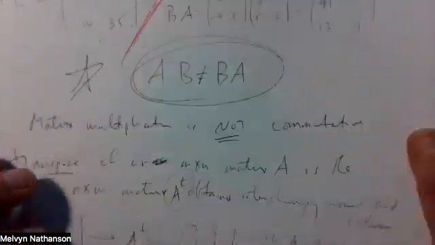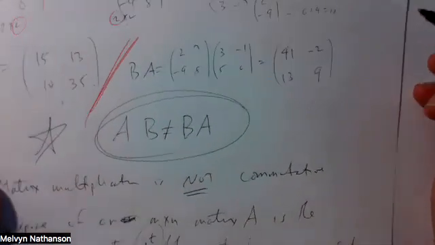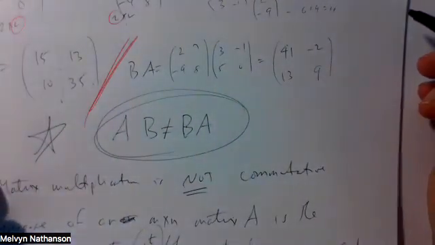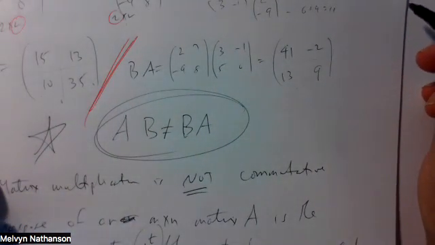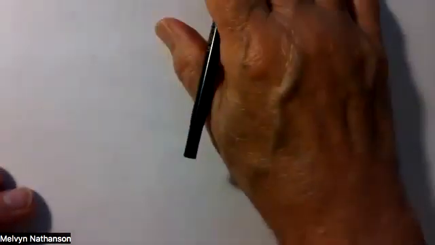I should make one other remark, because in general, you can't necessarily multiply matrices A, B in the opposite order, BA. Or you can, but something strange happens. So suppose A is a 2 by 3 matrix, and B is a 3 by 2 matrix.